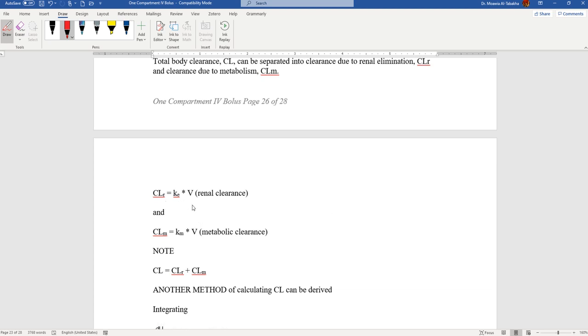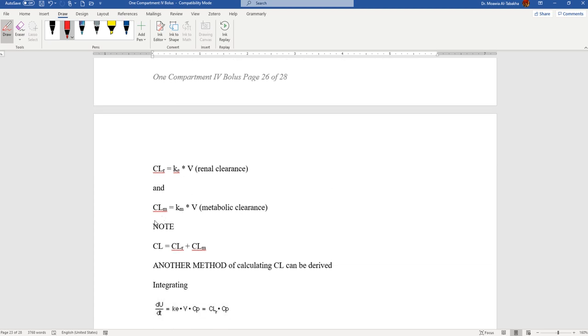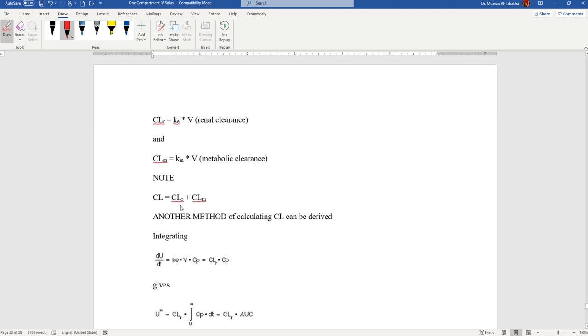So, renal clearance is equal to Ke times V, clearance by metabolism is equal to Km times V, and total clearance is equal to renal clearance plus clearance by metabolism.